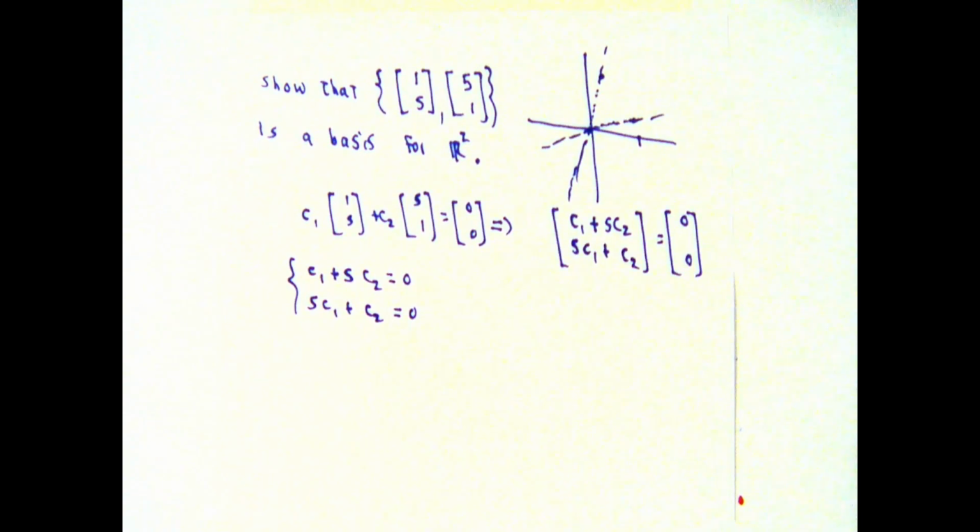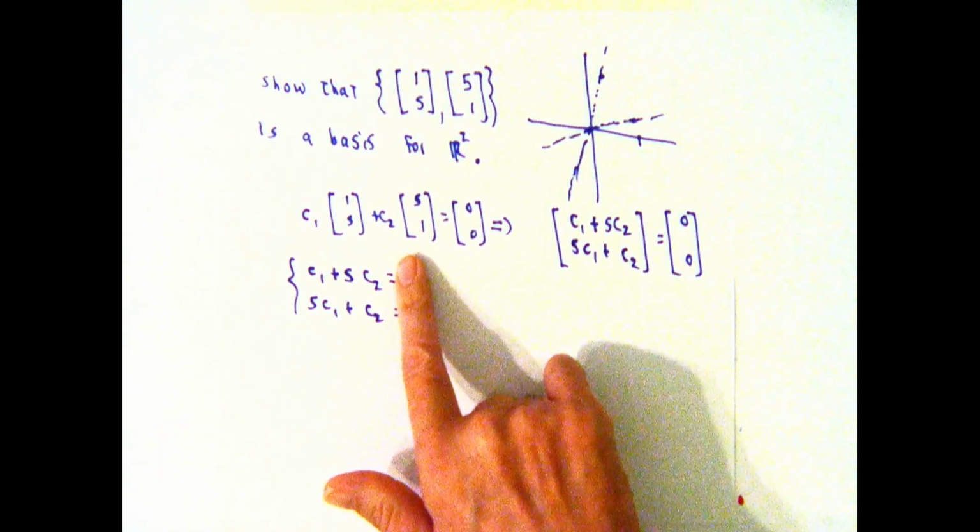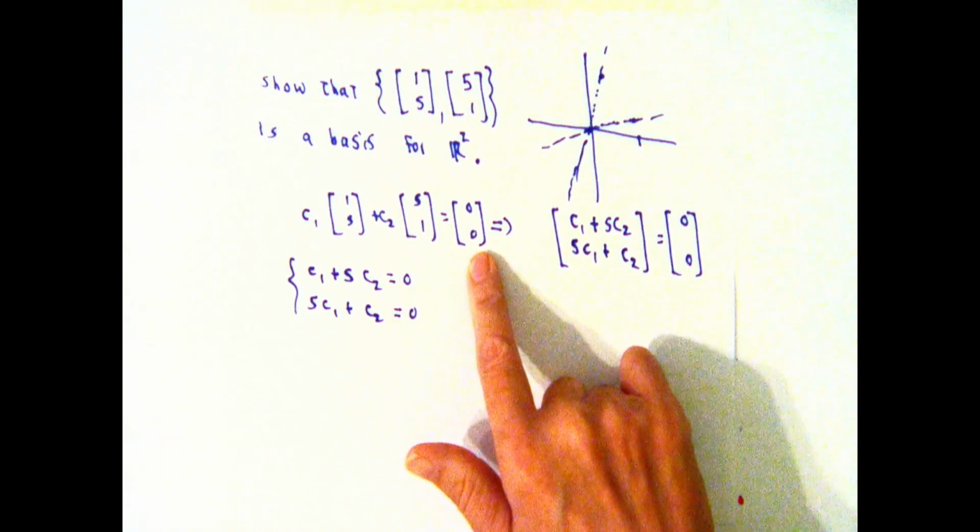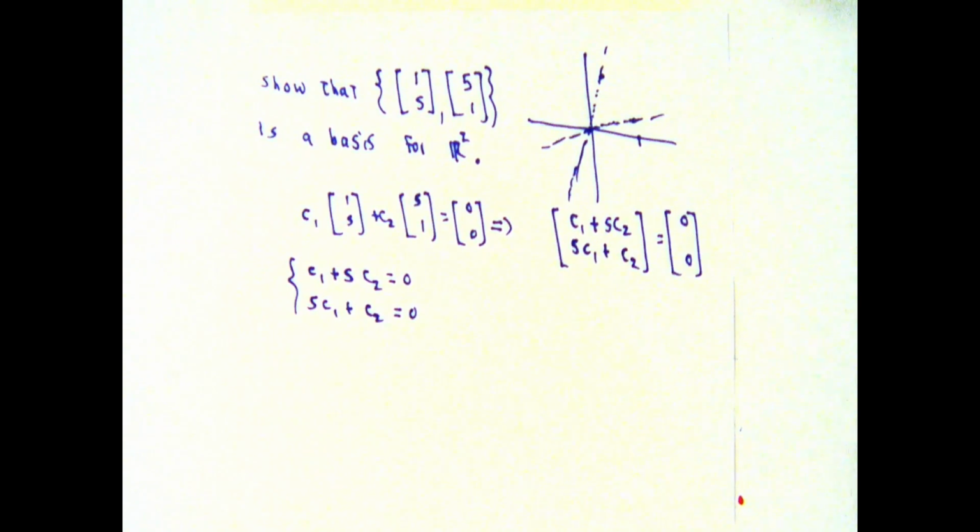So we'll form one of these linear combinations and ask the question, to make this linear combination come up to be 0, 0, does that demand that both C1 and C2 be 0, in which case I'll have linear independence, or are there other ways of getting that result, in which case linear dependence?